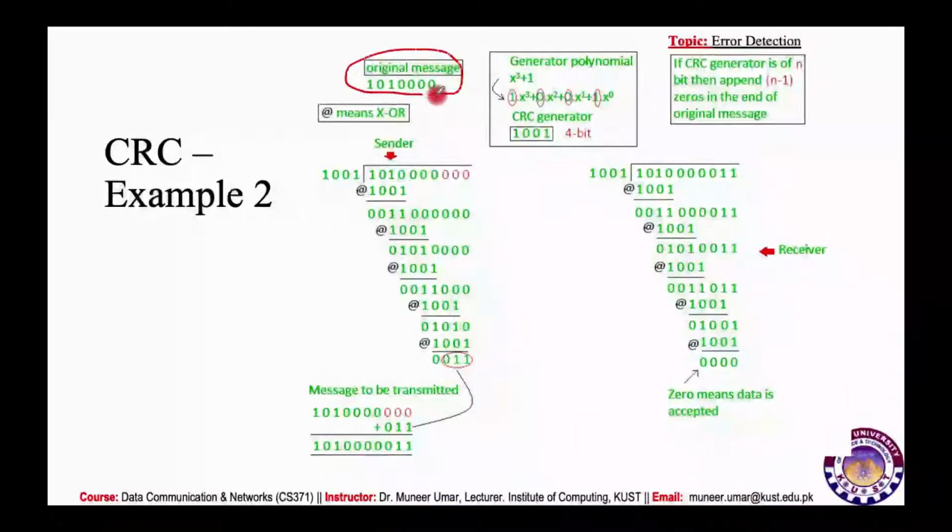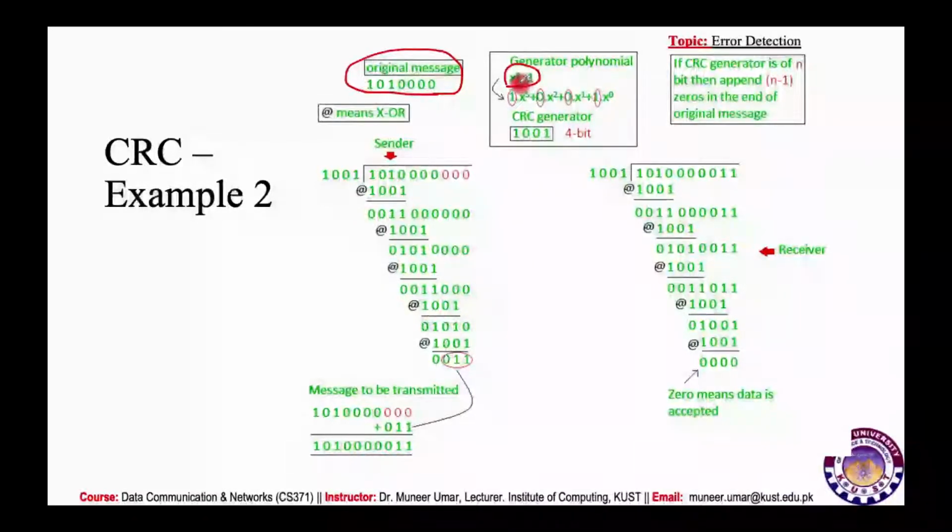Here we have the original message which has to be transmitted. Then we have a polynomial x power 3 plus 1. So it is actually x power 3 plus x power 2 plus x power 1 plus x power 0.